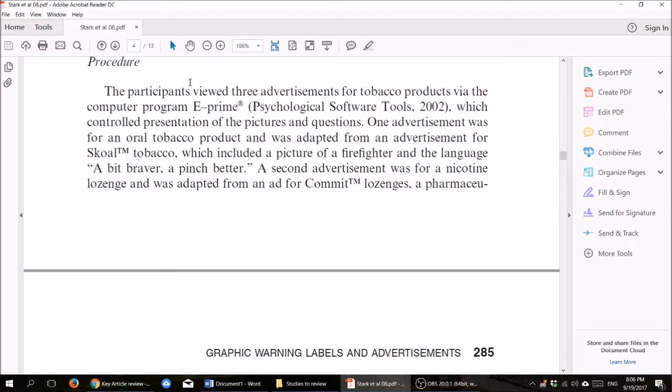So they started describing the independent variables. The first clue is right here. Participants view 3 advertisements for tobacco products. That already indicates one IV with 3 levels or 3 conditions, right?